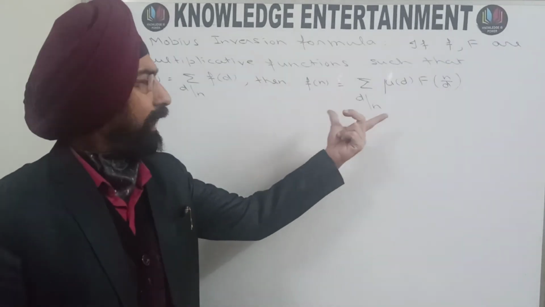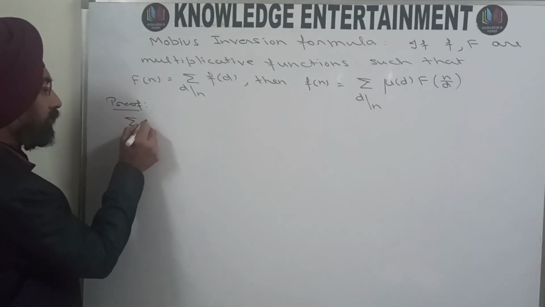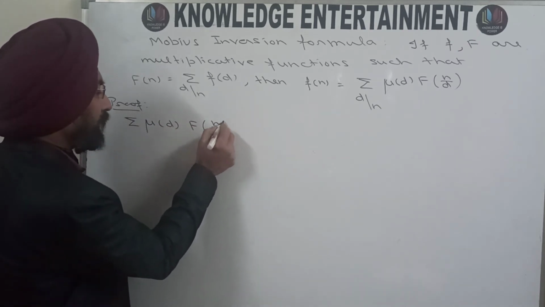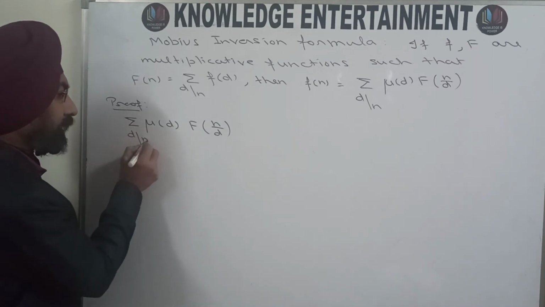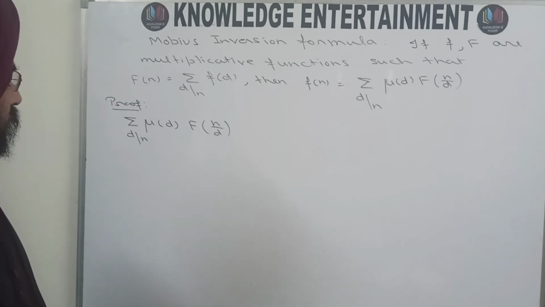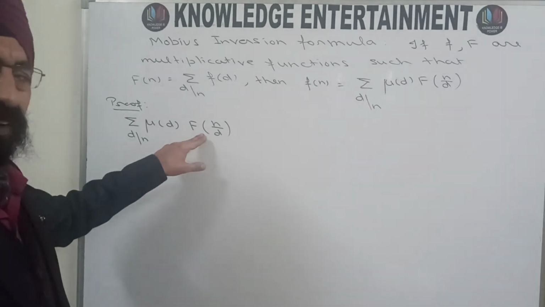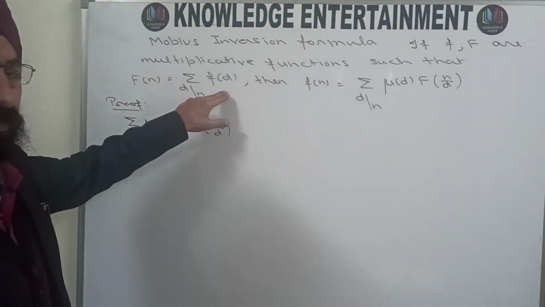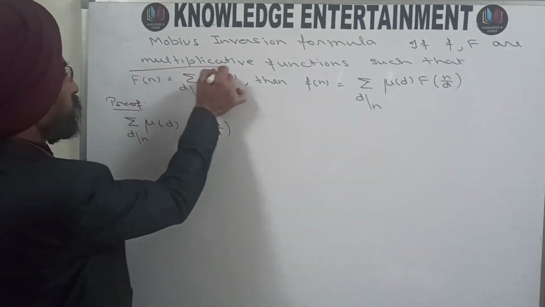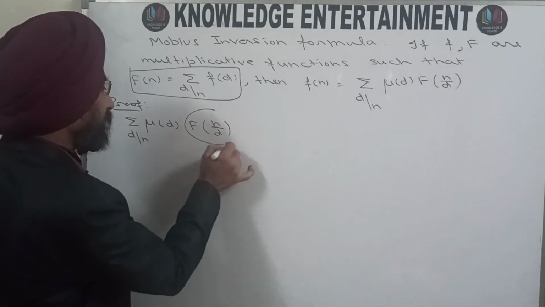What we want to prove, I am going to start with the right hand side. That means sigma mu d capital F of n by d, where d divides n. This is given to us. What to do here? This F of n by d, for F of n you have this value. Use this formula which is given here in this term.